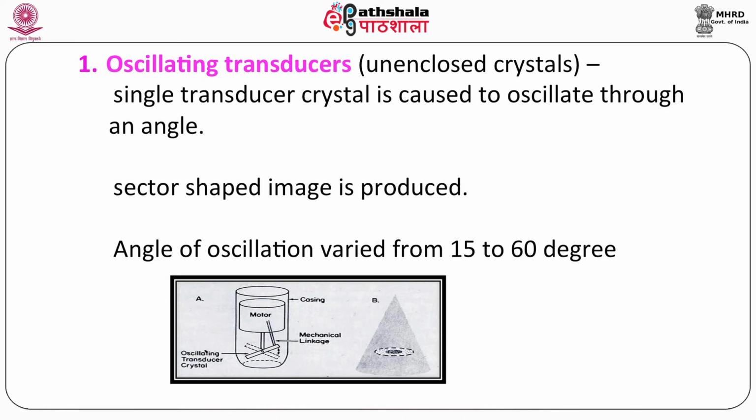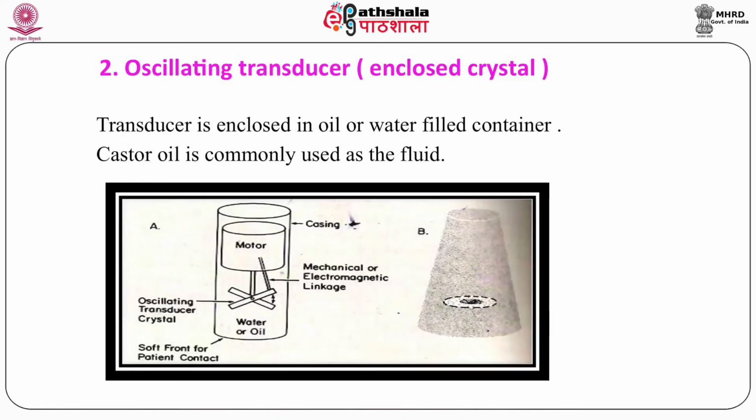oscillating type of transducer. Another oscillating type of transducer is one where the crystal is enclosed. In this type of sector scanner, the transducer is enclosed in a water-filled container. Castor oil is commonly used as the fluid.